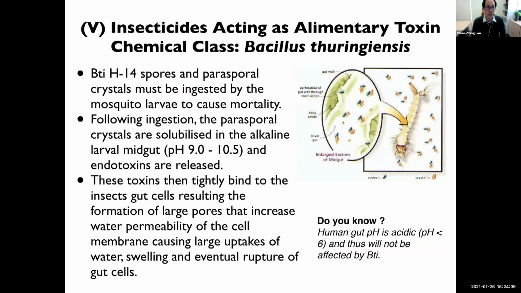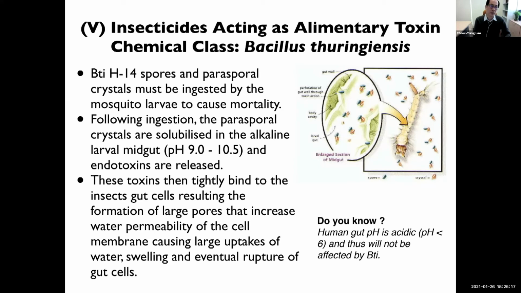Next are the insecticides that act as alimentary toxins. For this one, we talk about BTI, BTI H14 spores, and also the parasporal crystal when you do larviciding. It is first ingested by the mosquito larvae. Following ingestion, when it gets into the larval gut, the midgut has a pH of 9 to 10.5, and that triggers the endotoxin to be released.